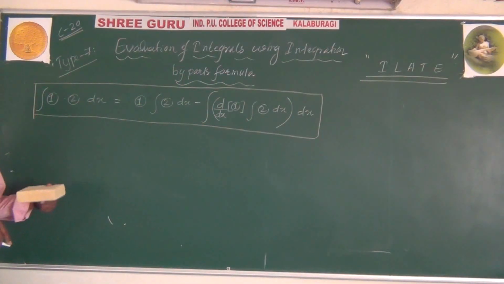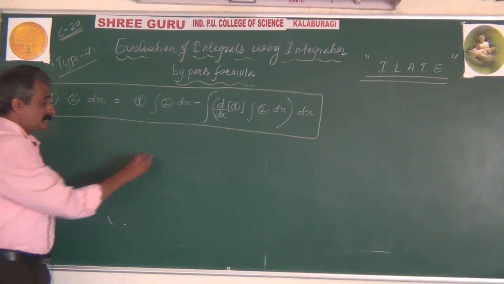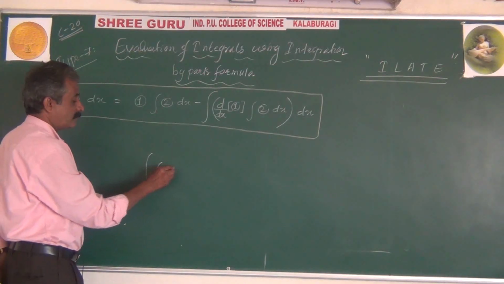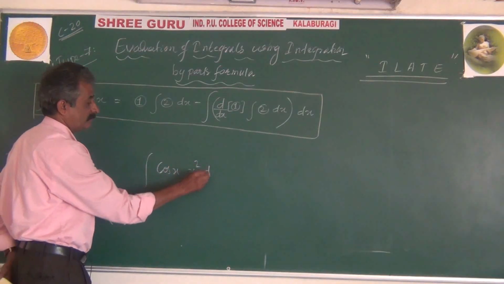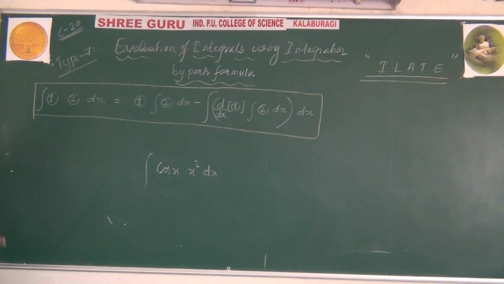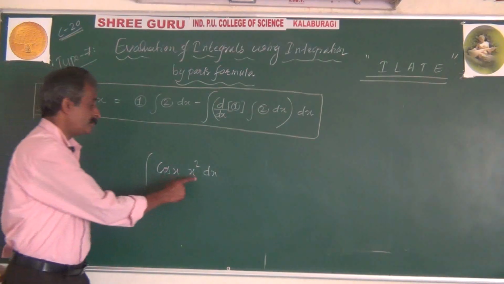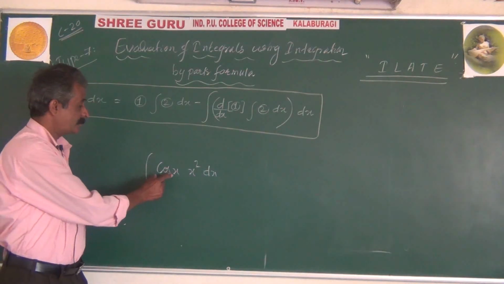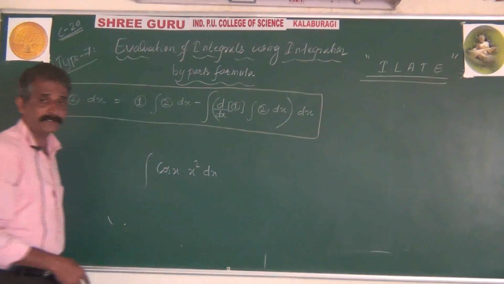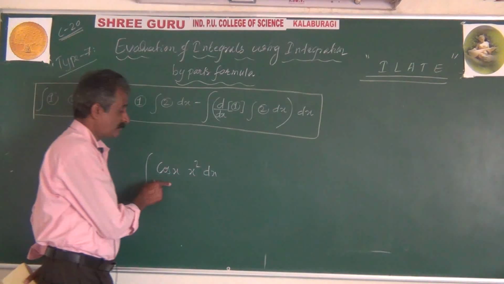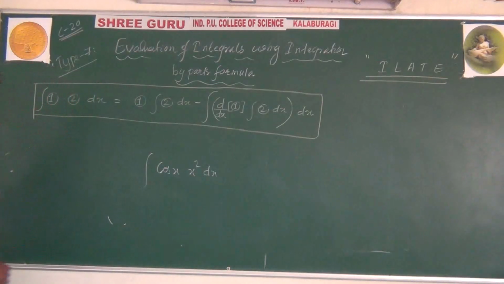Now, before we start the actual problem, suppose you are finding the integration of cos x into x square. Don't forget that you are in integration, not in differentiation, so you have to choose the first function very correctly. By seeing this arrangement, cos x is coming first and x square second. If we take first function cos x and second function x square, no, you will never end the problem because of the rule I laid.